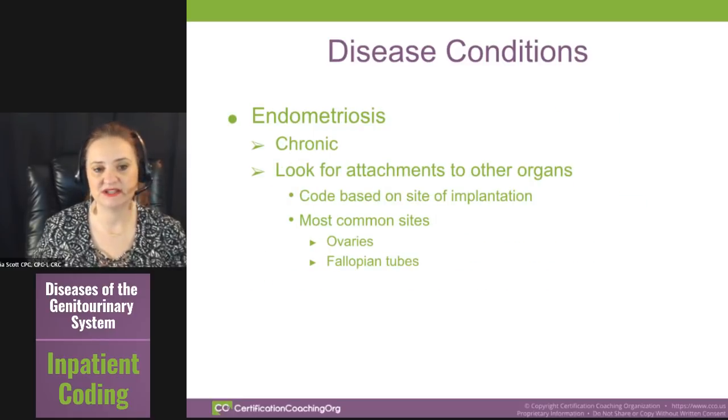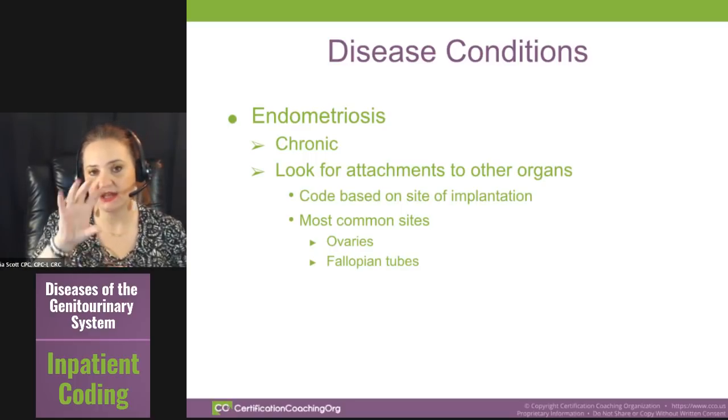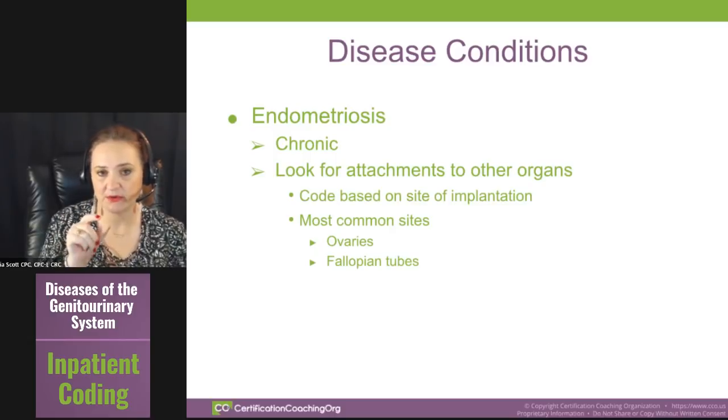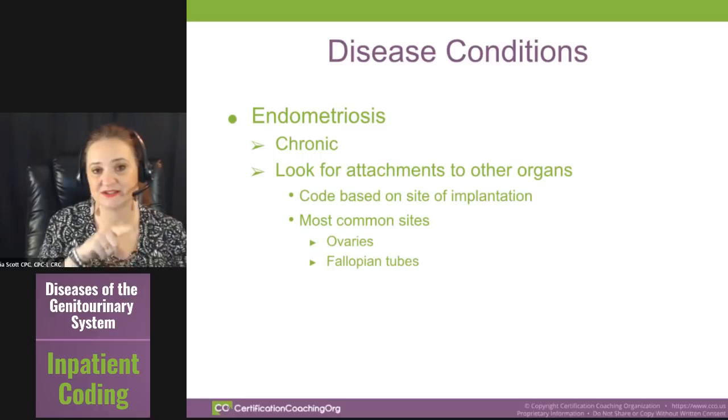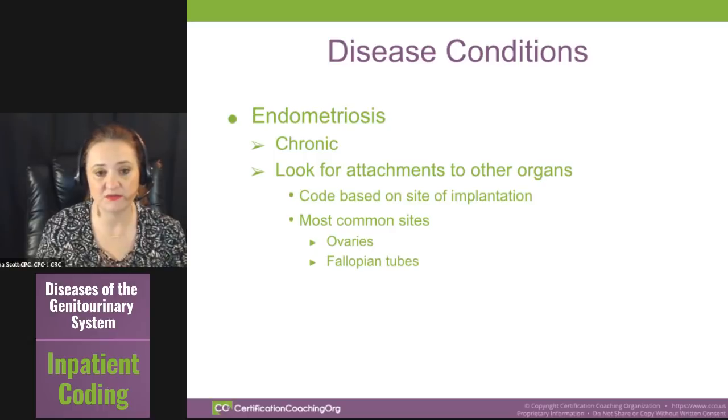Endometriosis, I already said something about that. That's chronic. The lining of the uterus is a special type of cell and tissue. For women, that endometrium goes through cycles. It gets inflamed and spongy because it's preparing for a fertilized egg to attach, and if one doesn't, then it sloughs off, and that's why we have menstrual cycles.